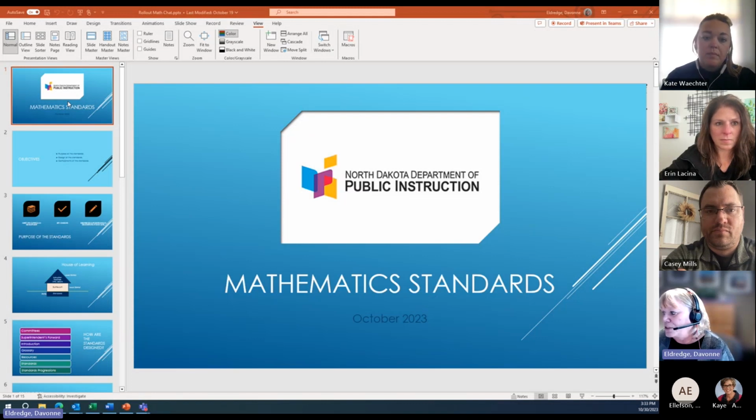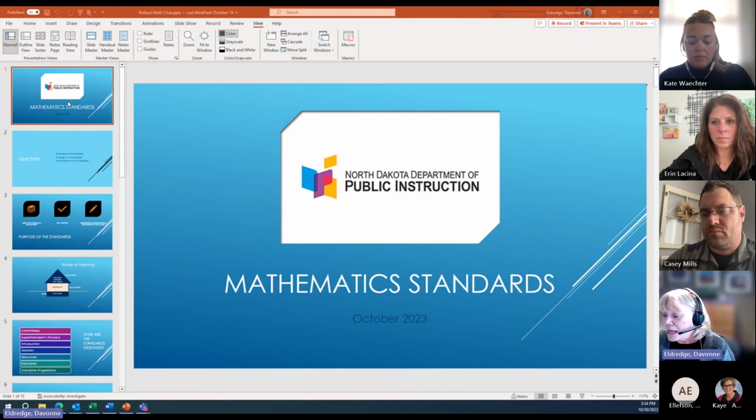That way our new assessment would be based on our new standards, and we wouldn't have to have the assessment start off with an old version of the standards and then convert halfway in between. And so the decision was made to form a committee and to revise the math standards.